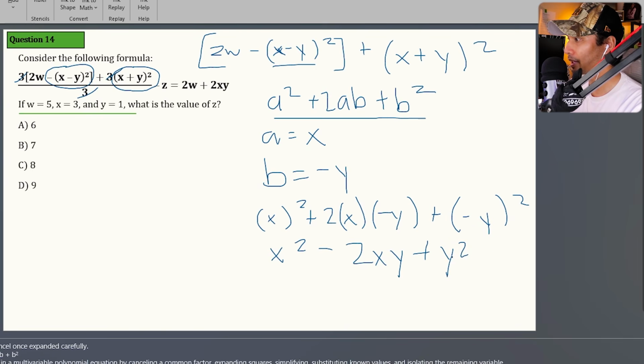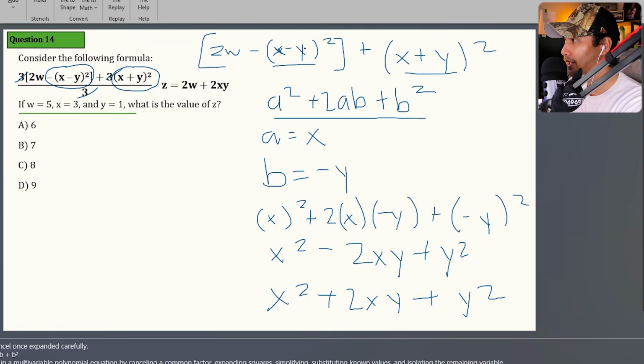And for the other one, it's just x squared plus 2xy plus y squared. So these are expanded now.